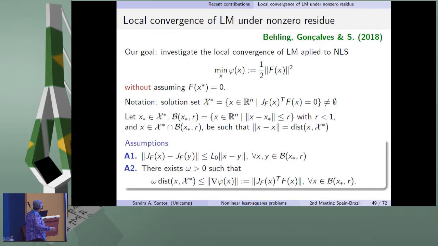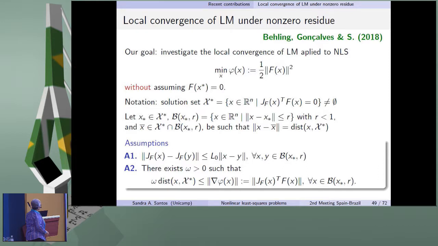Notice that now we are using the norm of the gradient of the function as the error bound, not the norm of the residual function, because we are not assuming zero residual. So what really goes to zero is the gradient. And we assume this lower bound, this error bound, in our neighborhood of analysis. And I recall that omega is our constant in this case.